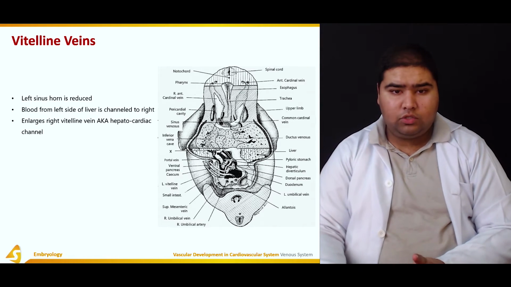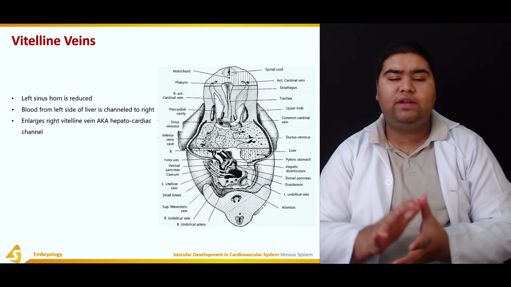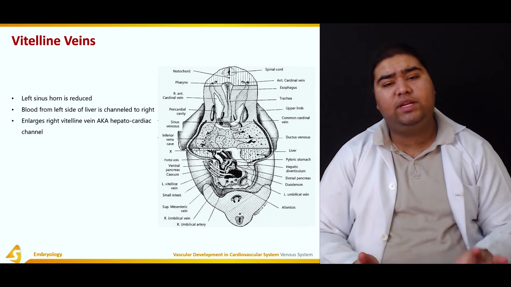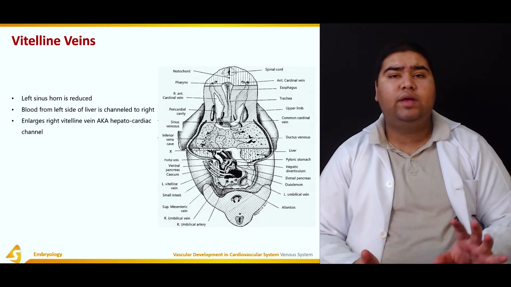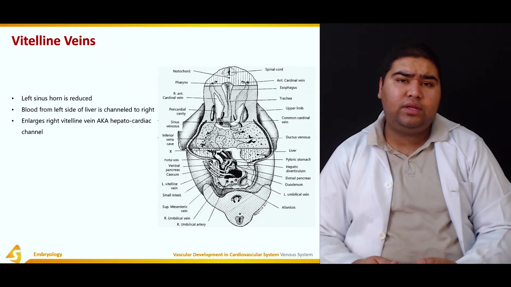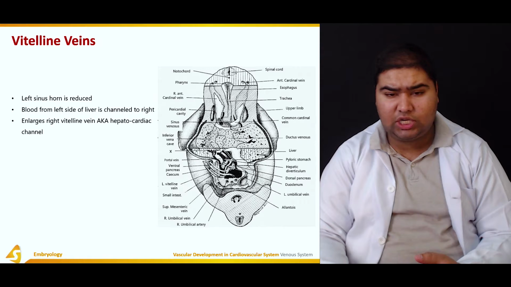Alright. So now the left sinus horn is reduced. The blood from the left side of the liver is channeled to the right because of reduction of the left sinus horn. When it is channeled to the right, there is more blood flowing through the right vitelline vein, and hence it is known as the hepatocardiac channel.